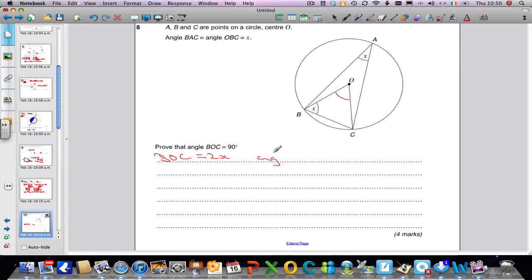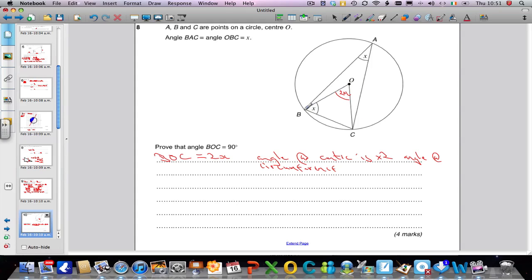So I'm just going to write: angle at center is twice angle at circumference. Okay, so that's a start. So that must be 2x.